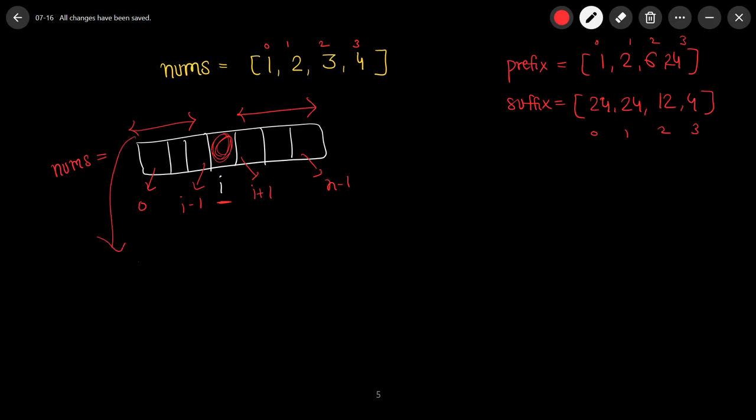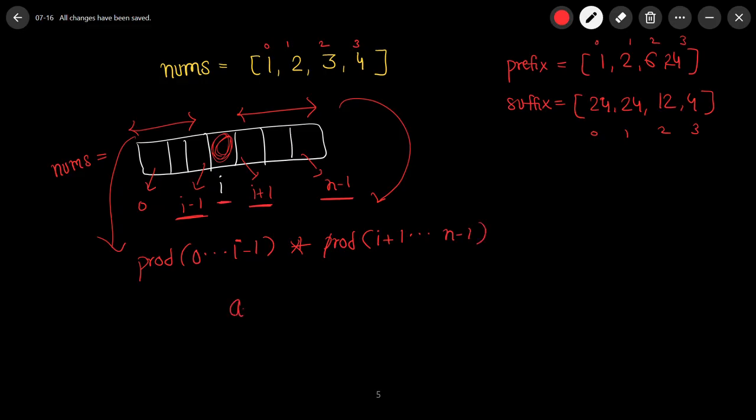So this is nothing but the product of 0 till I minus 1, right? Into, we would be doing the product of this portion. This portion is I plus 1 till n minus 1. That means the product of I plus 1 till n minus 1.